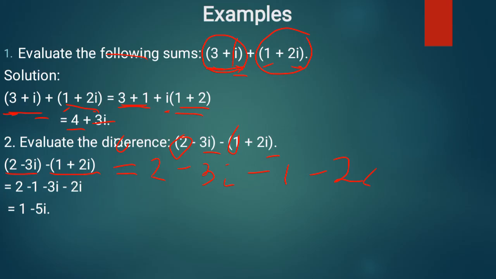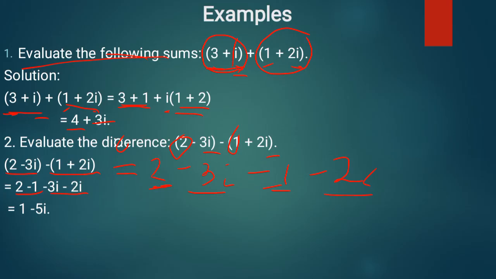Again, just like we did when we were solving example number 1 here, we'll do the same here. So we add the real parts together. I have 2 naira. I'm owing 1 naira. So we bring them together, and you see them together. I'm owing 3 imaginaries and I'm owing 2 imaginaries. I bring them together.